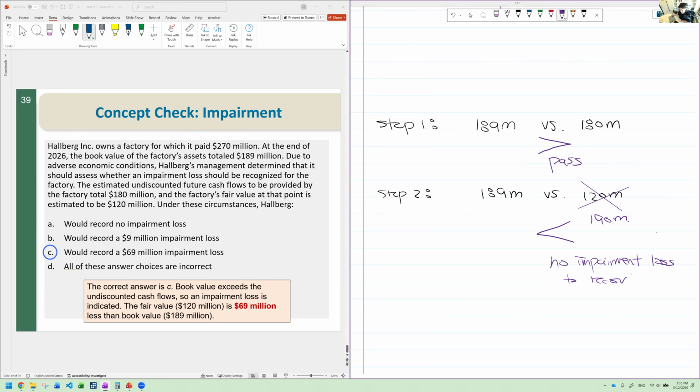In other words, you may pass the step one test, but when it comes to recording the journal entry, there's no journal entry required if the fair value happens to be greater than the book value. So you must pass both the step one and step two tests in order to record the impairment loss journal entry.